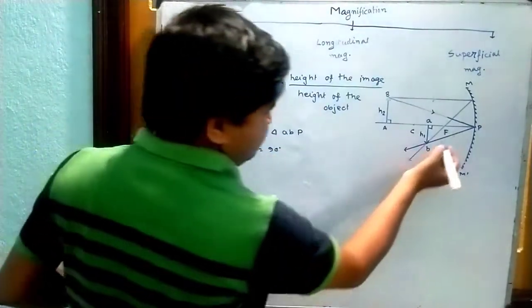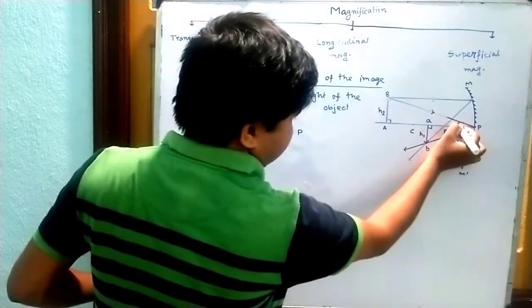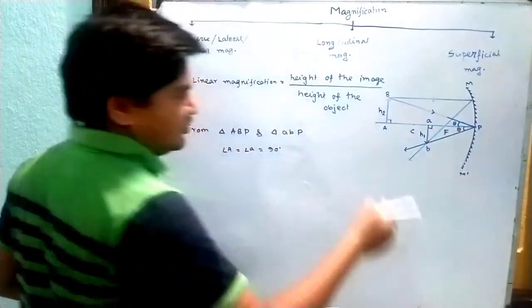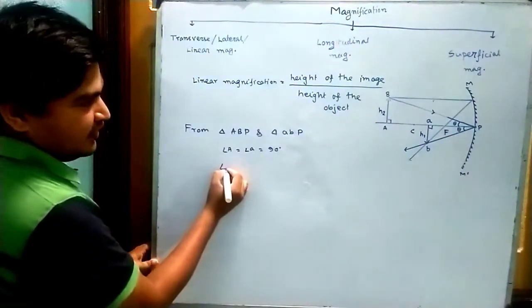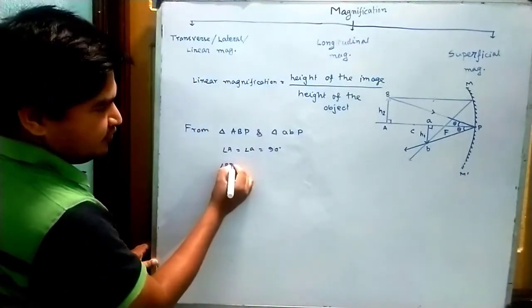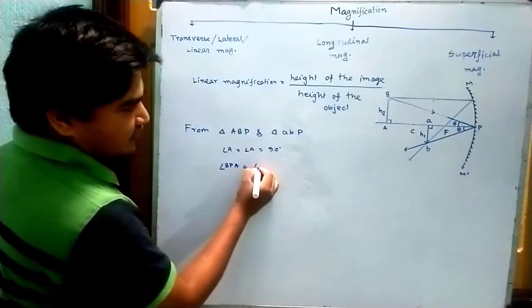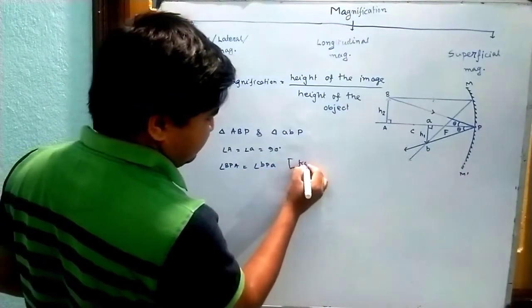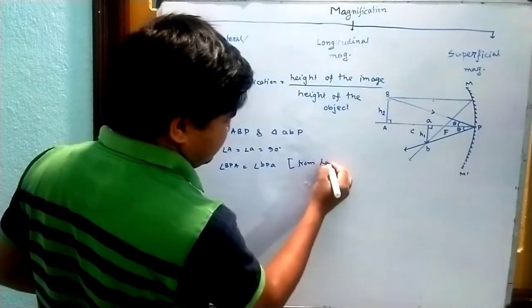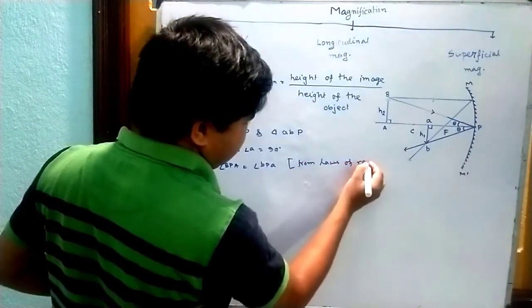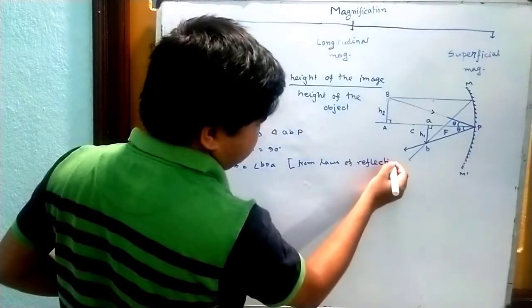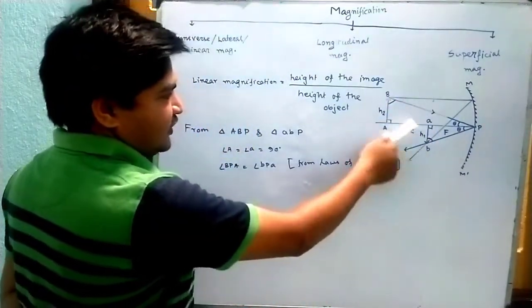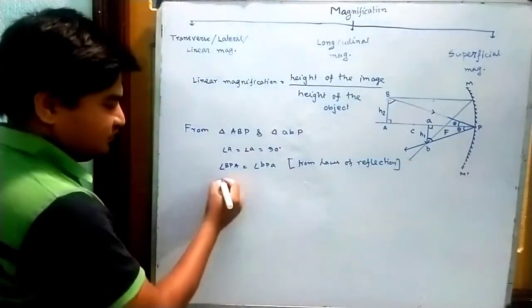Now this is the angle of incidence theta and this is the angle of reflection. So both angles are the same. Angle BPA equals angle B'PA' from laws of reflection. These two angles are the same, so angle B and angle B' will also become equal.